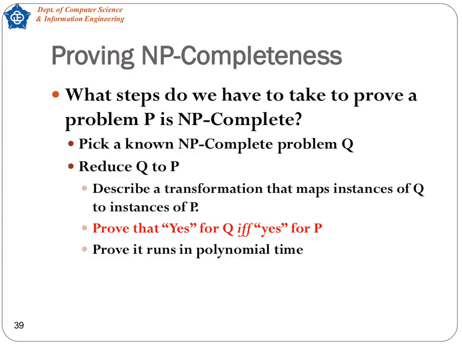Second, we prove NP-hardness by reducing a known NP-complete problem Q to P. Concretely, we pick a well-studied NP-complete Q and describe a polynomial time transformation that turns any instance of Q into an instance of P. We then demonstrate that Q yields yes exactly when the transformed P instance does, and we verify the whole mapping runs in polynomial time. Once both membership in NP and this reduction are established, P is NP-complete.